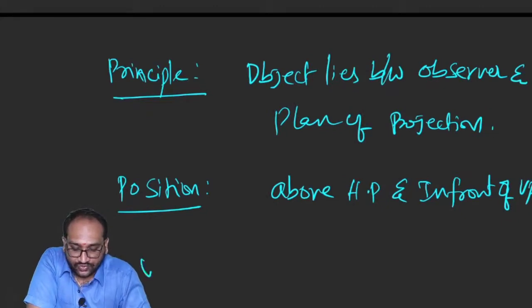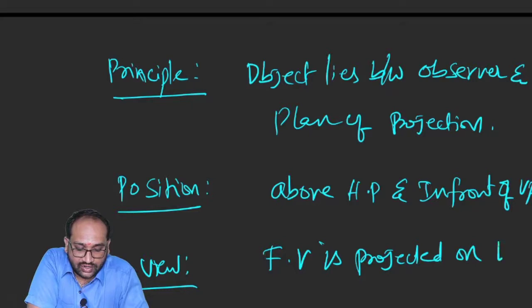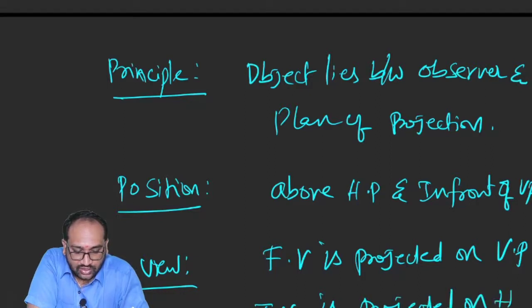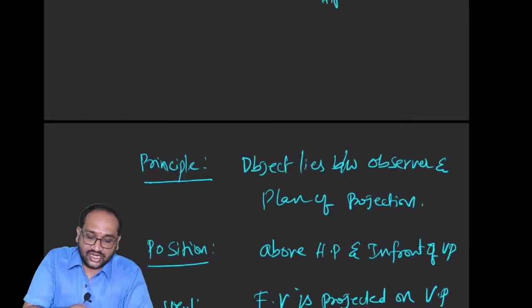And coming to views, in first angle projection, front view is projected on vertical plane and top view is projected on horizontal plane. These are the important points in first angle projection.